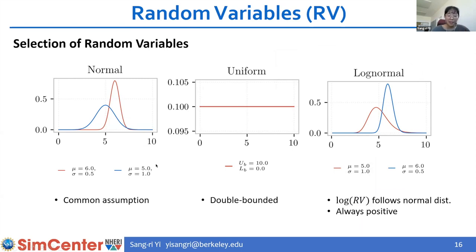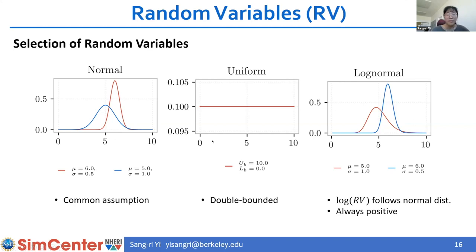When you have a good estimate of a parameter value, the first step you can take is to assume that its variance is proportional to its mean value. For example, in HydroUQ, some of the default random distributions are provided by assuming that the variance is 0.1 times its mean. So that's one thing you can do.